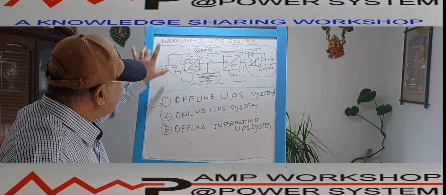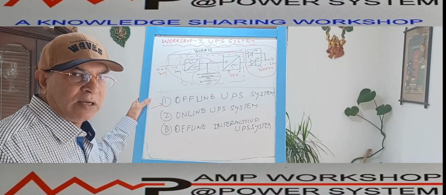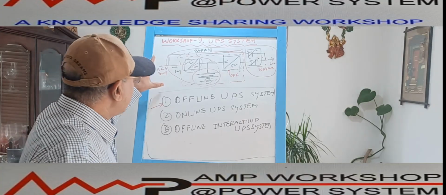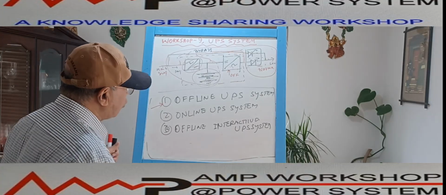So if I design this type of UPS system for a load which is not very sensitive to voltage fluctuation or harmonics, which is mainly the domestic application, we can use the offline UPS system. Okay, so that is the offline UPS system.